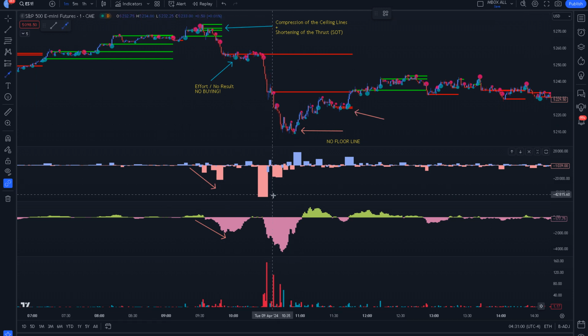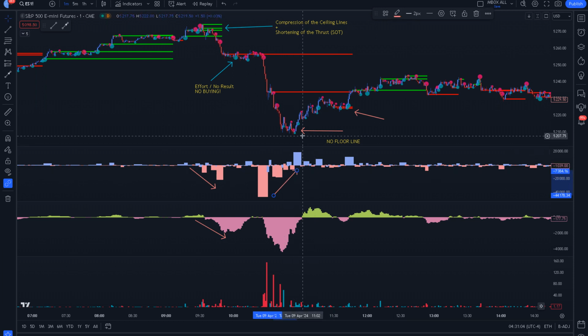And as we can see, consequently, there's also a lack of selling. And we make two floors here, really narrow, right? So this can be seen as a bullish sort of gesture because we didn't get any interest here.